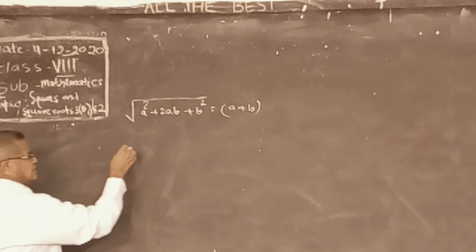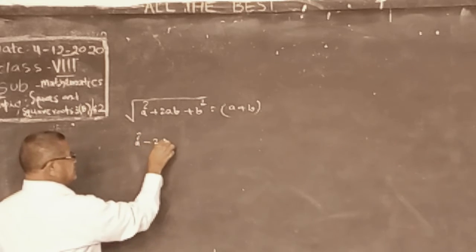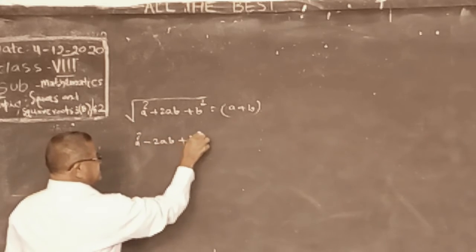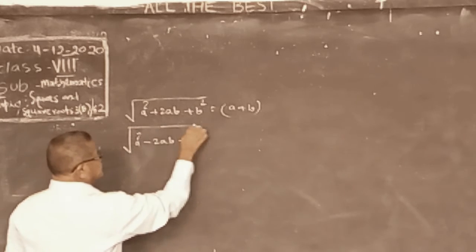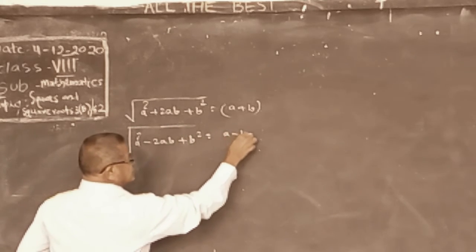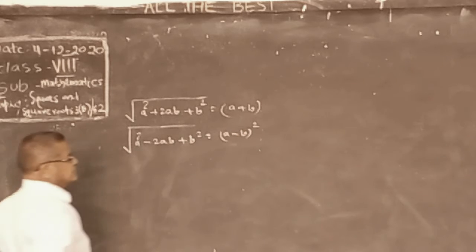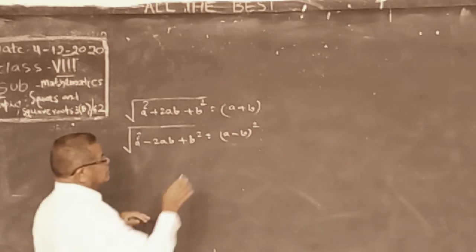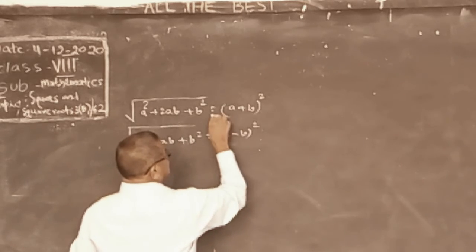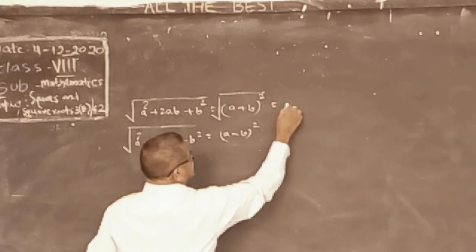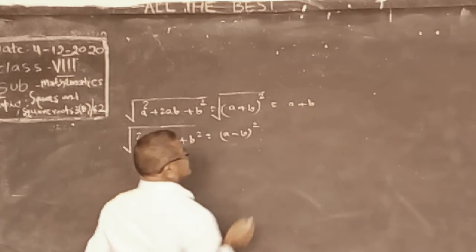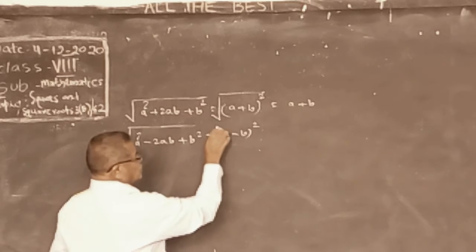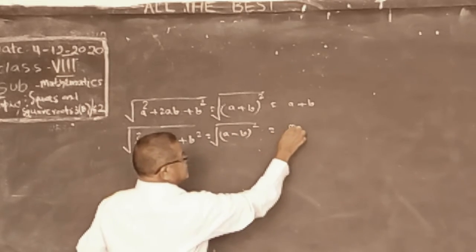Suppose a square minus 2ab plus b square, the root is a minus b. The square root of (a plus b) whole square we can write as a plus b, and of (a minus b) whole square as a minus b.